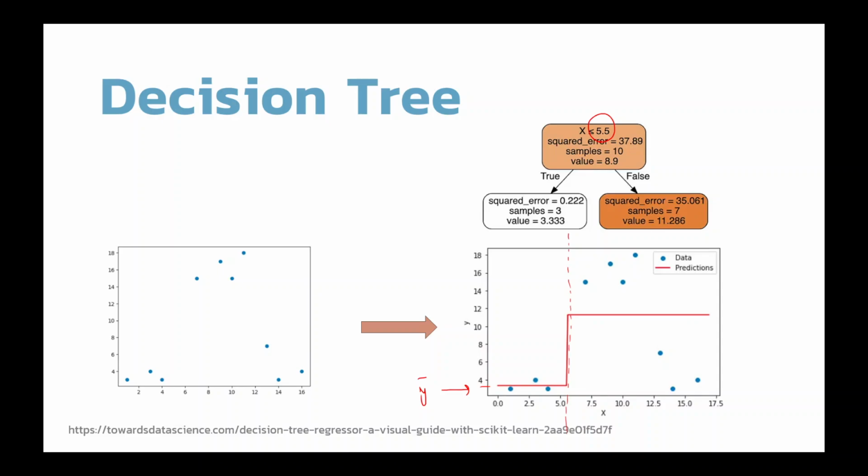So with this split, if x is less than 5.5, it's going to predict y1 bar. But if x is larger than 5.5, it's going to take all of these values and calculate the mean, which is going to result in something here, so y2 bar. So with this model, if you get a new x, for example, I'm wondering what is the prediction for this x right here, so maybe x1 prime, right?